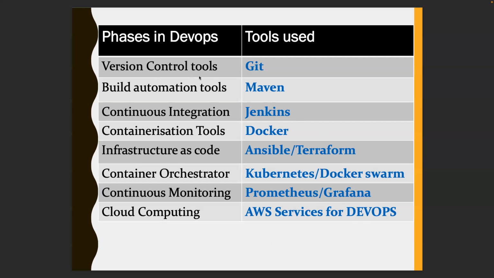And if you talk about version control systems, or continuous integration tools, there are so many tools in this category. If you talk about version control systems, you might have heard about or have some idea on it. You have Git, you have SVN, you have TFS. So many tools are there.